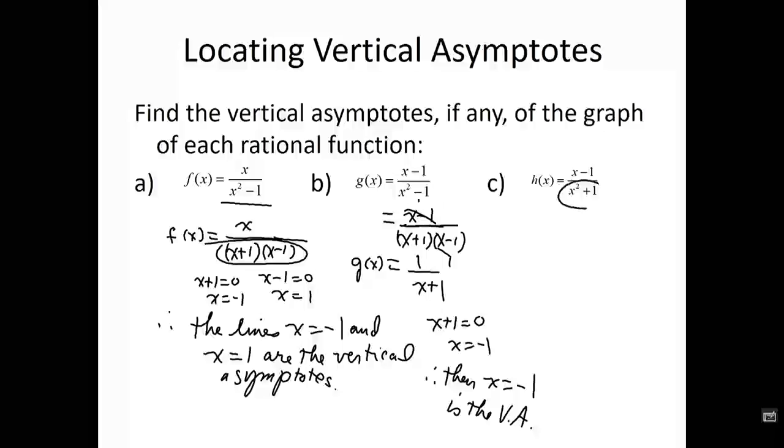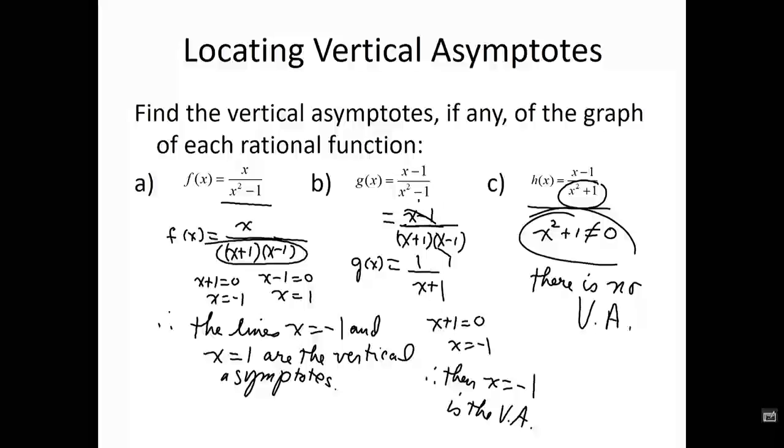As we investigate the denominator, we see that x squared plus 1 is never equal to 0. So therefore, there is no vertical asymptote for the graph of h of x.